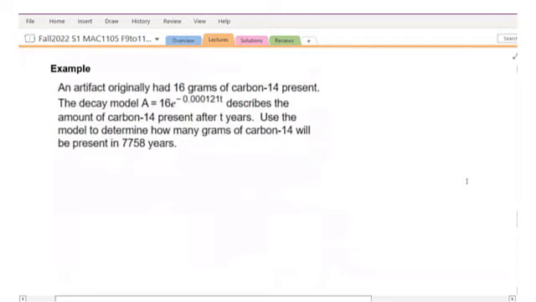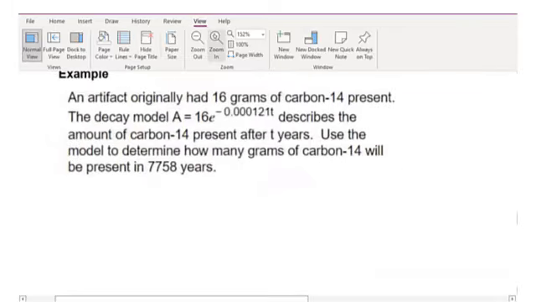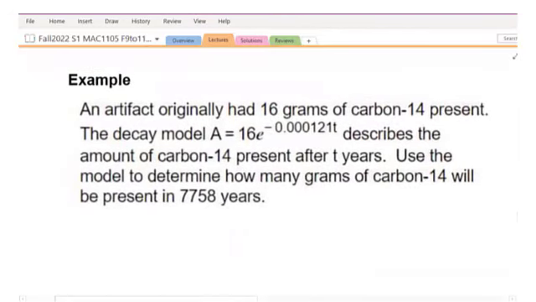An artifact originally had 16 grams of carbon-14 present. The decay model A equals 16e to the negative, let me make this a little bigger. I don't know if you can see that on your screen. Negative 0.000121 t describes the amount of carbon-14 present after t years.